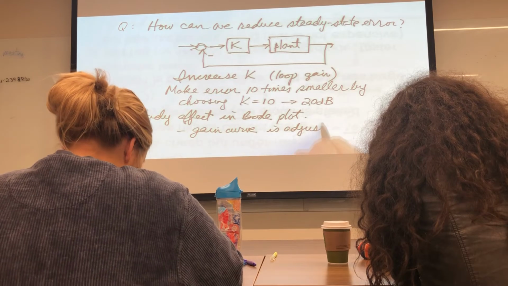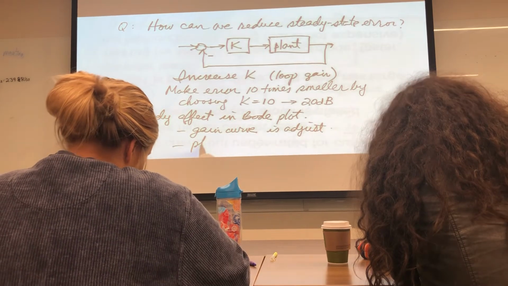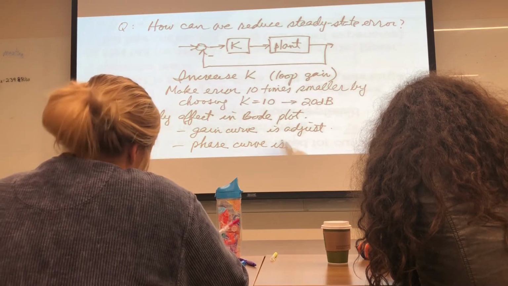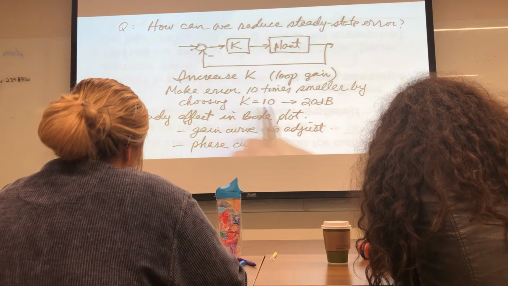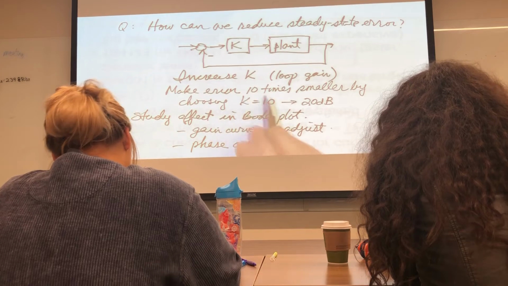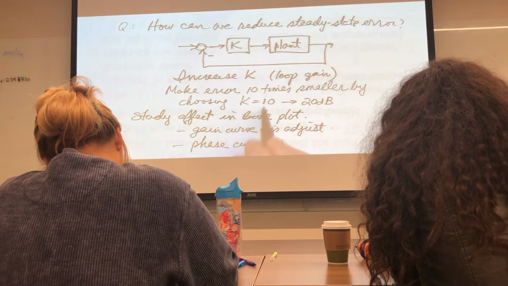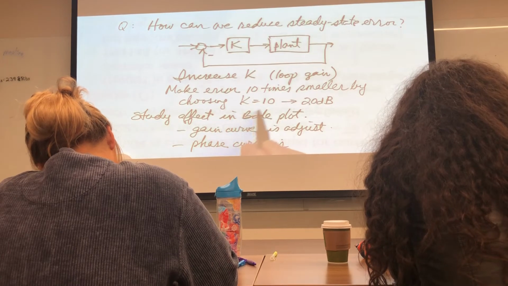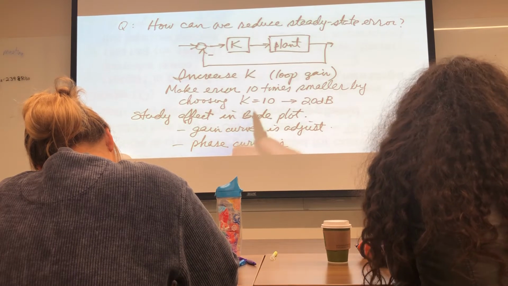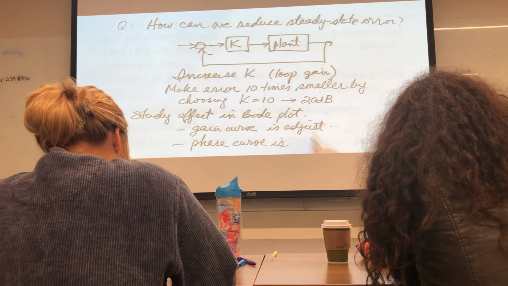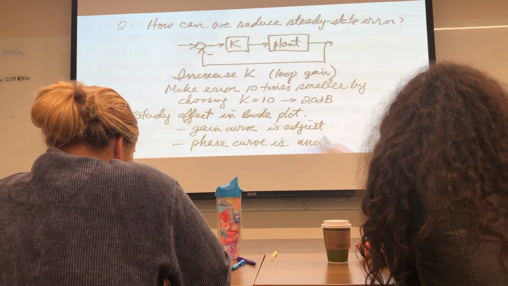We need to adjust the gain curve. Since I'm just changing the gain, what is the phase of 10? 0. In polar or phasor coordinates, this is going to be 10 at an angle of 0 degrees. So the phase curve is unchanged.